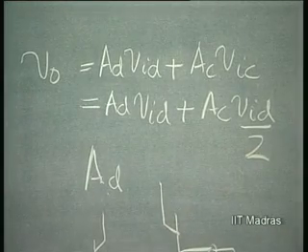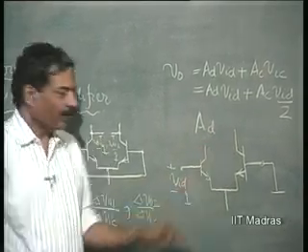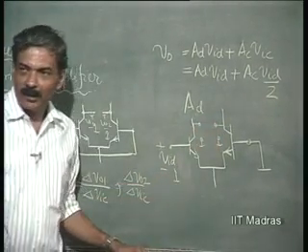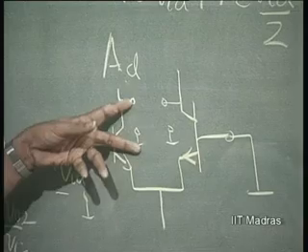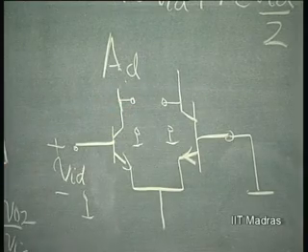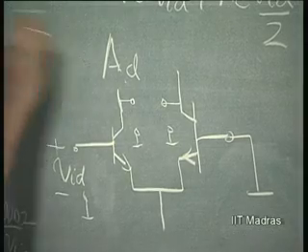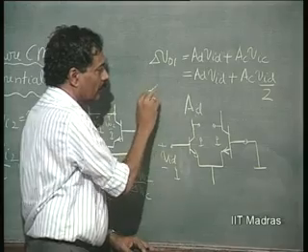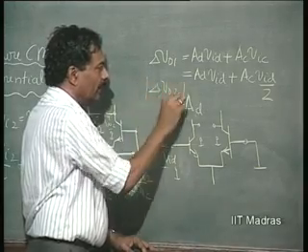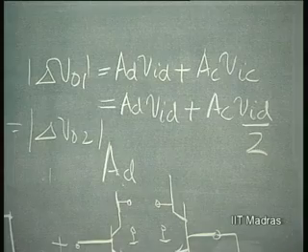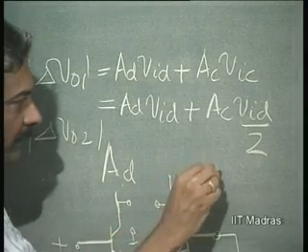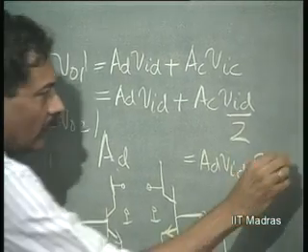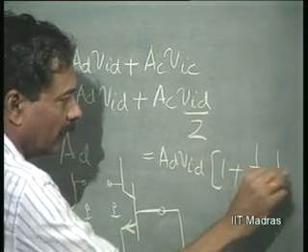This is what is going to be measured. If I measure the output here or here, it will be the same in magnitude, but opposite in sign. So, delta V naught 1 or delta V naught 2, magnitude wise will be the same. This is therefore equal to AD into VID, which is wanted, into 1 plus 1 over rho half.